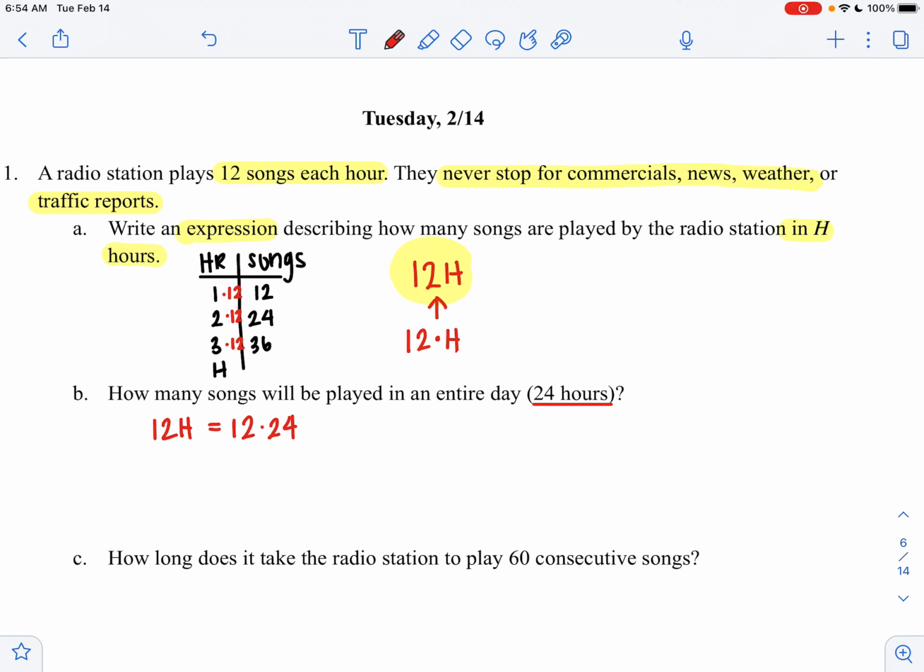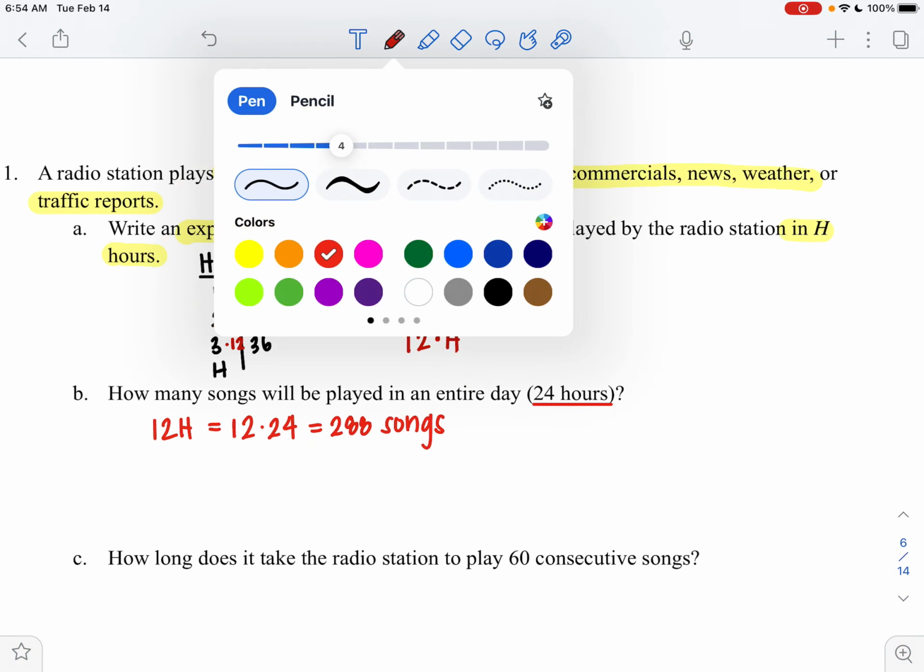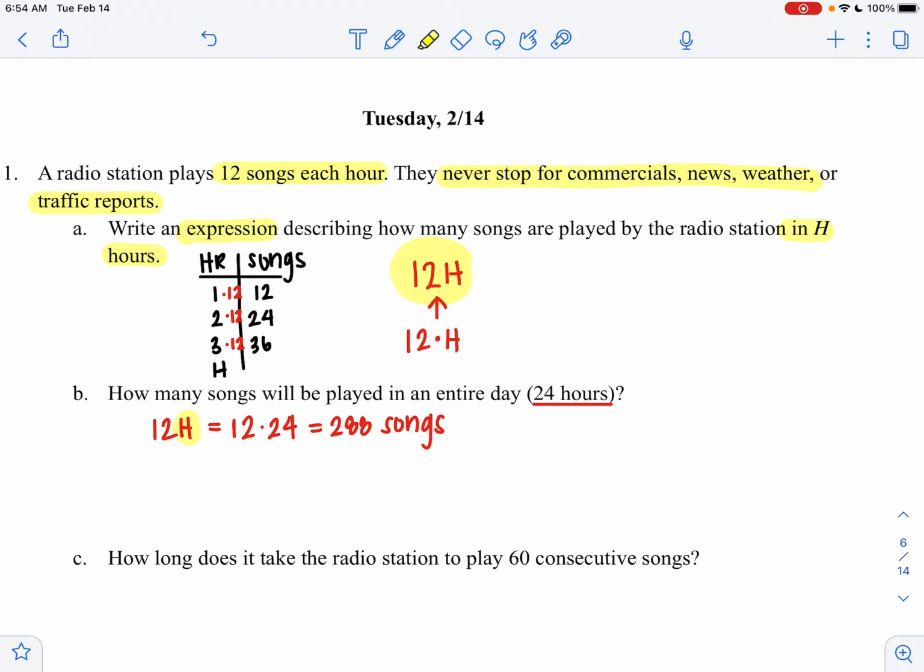And 12 times 24 will tell me the total number of songs, 288. This is called substitution. I said, I know that H is actually equal to 24, so let me replace it in my equation and actually do the math.